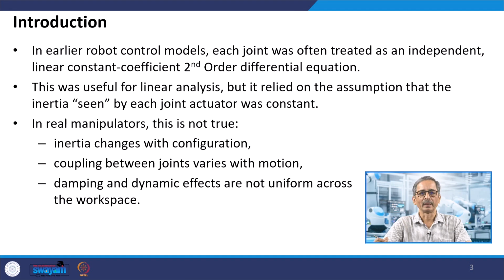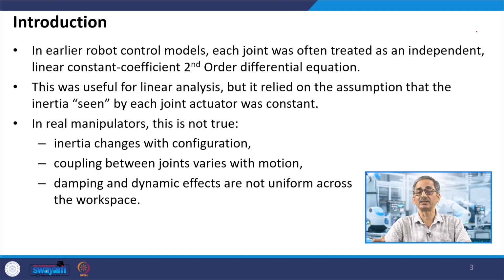This concept was useful for linear analysis, and it relies on the assumption that the inertia seen by each joint actuator was constant. But in the case of a real manipulator, this is not true.